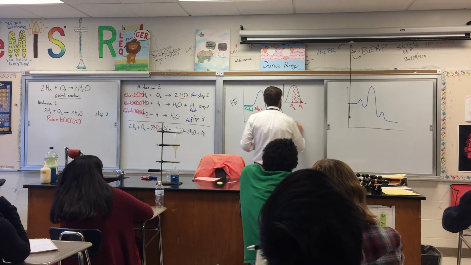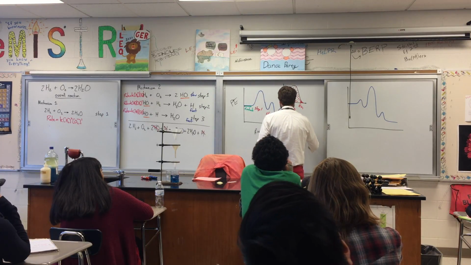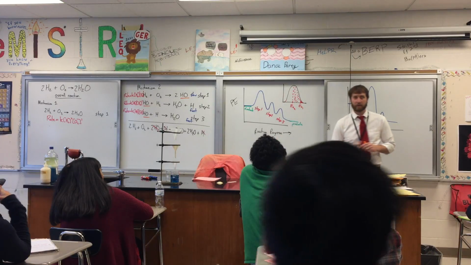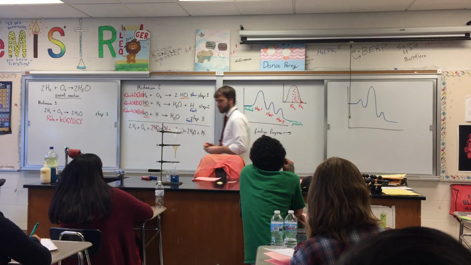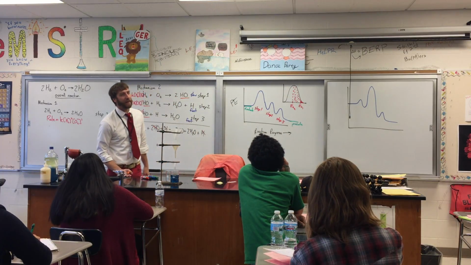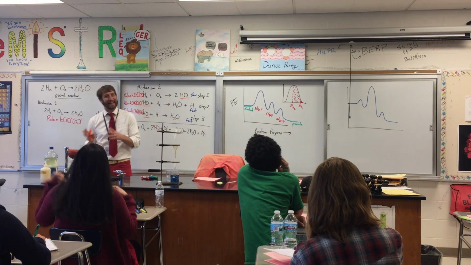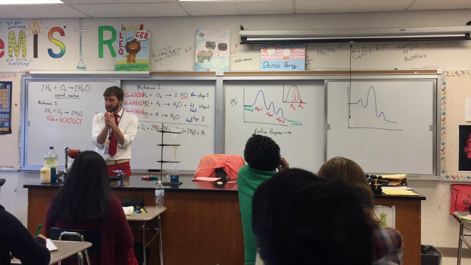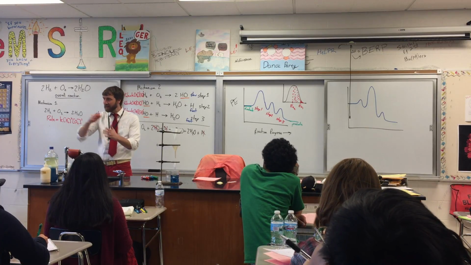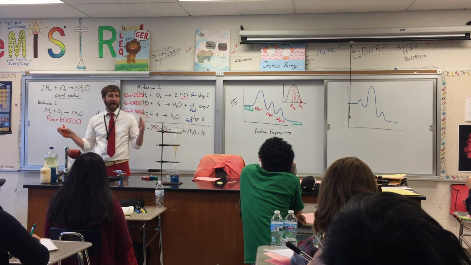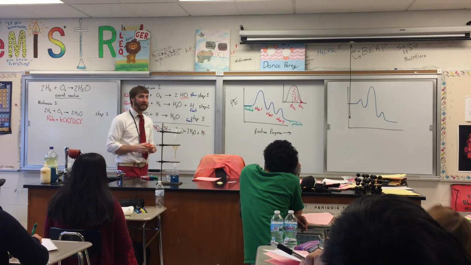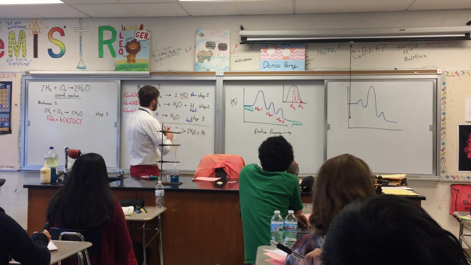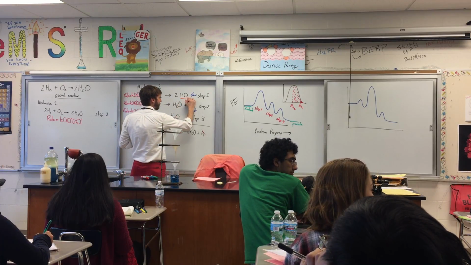Our products are down here, and our products are H2Os. So what are we going to call these HOs? Well, they are substances that occur in between the time when we have reactants and the time when we have products. We call them intermediates. So HO is what we call an intermediate.